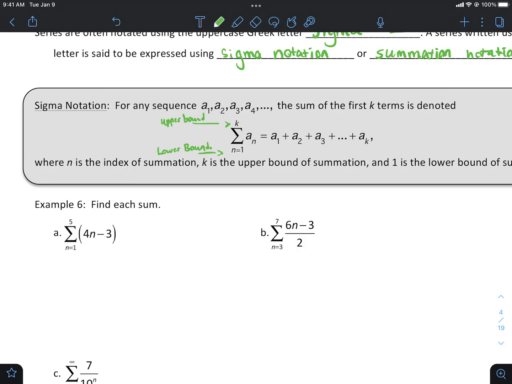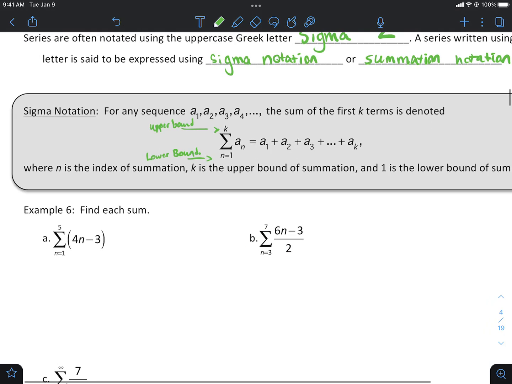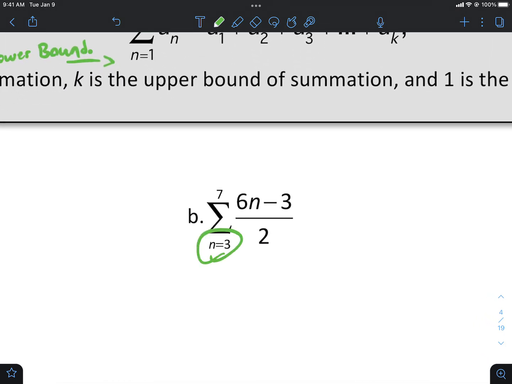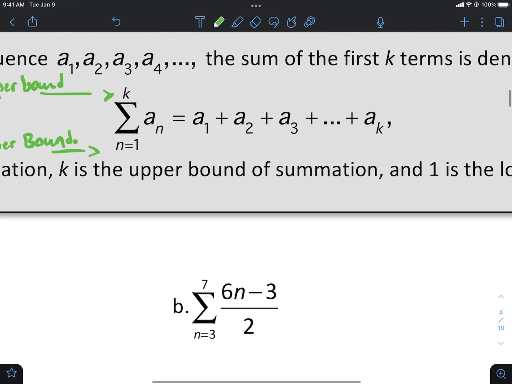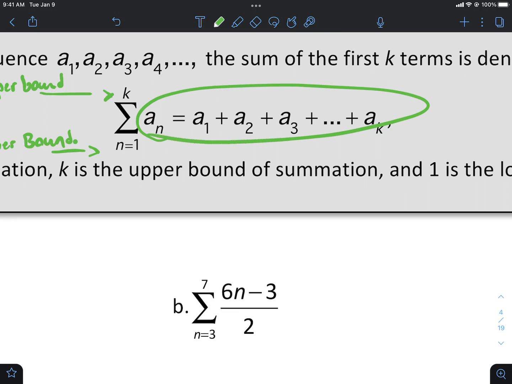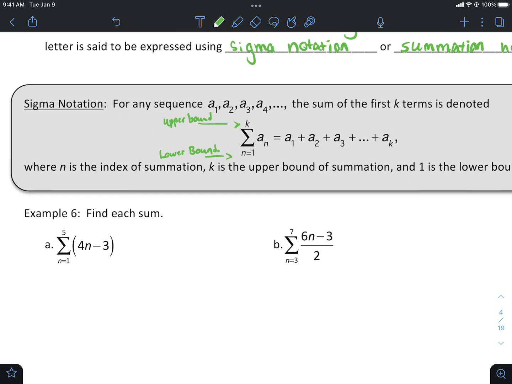You can start your lower bound at the third term, going to the seventh term. You plug into your formula, which can literally be anything, so this is a generic looking thing. You just plug in and add up all your terms. This is just a notation for saying, add all of your stuff up. That's all we need to do here, is understand it.